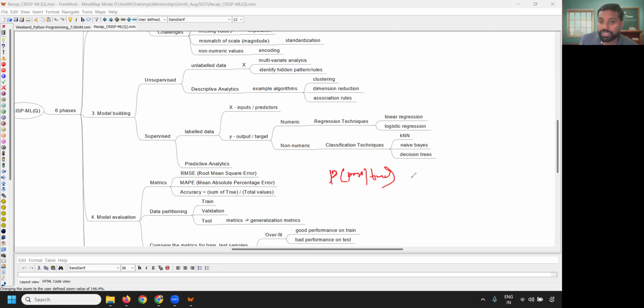This is your Bayes theorem. So what we do here is we look at the historical data first. In the historical data, I would see what is the probability of pass. That's 95%. From the historical data, that is the overall probability of pass.